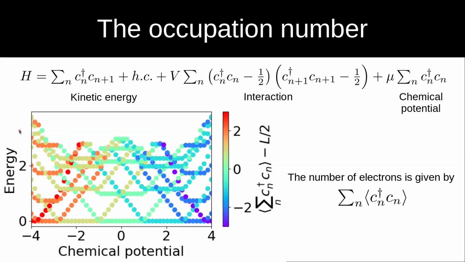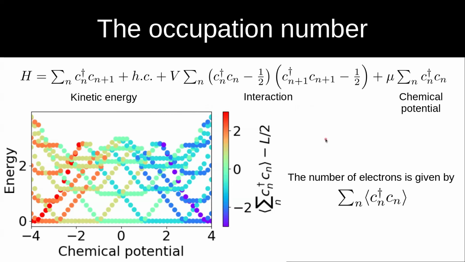And this will become very important if your chemical potential is very, very large. In particular, if your chemical potential is stronger than the quantization energy that appears due to the finite size of your system and the kinetic energy and the many-body interaction.